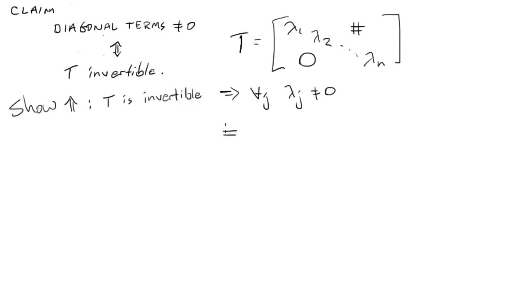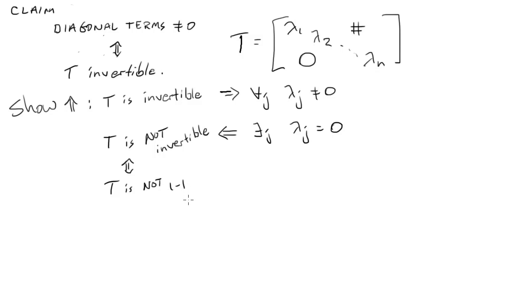It's going to be easier to show the contrapositive. If there is a 0 diagonal term, then T is not invertible. Remember, this is the contrapositive statement, which is equivalent to the statement. Not invertible, not 1 to 1.